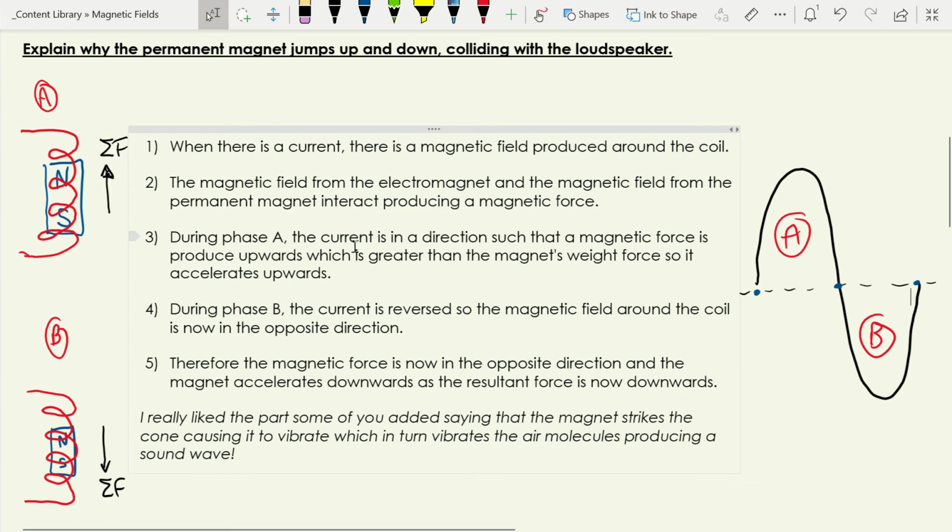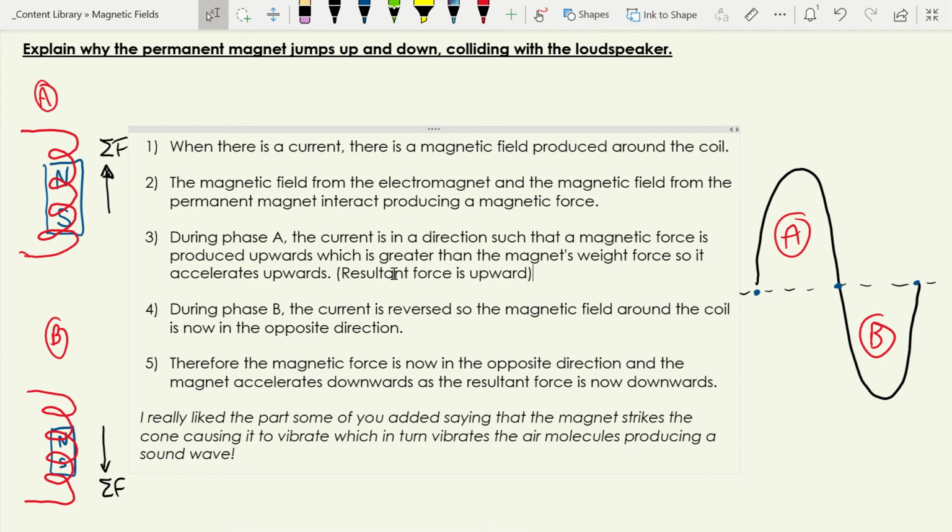During phase A, the current is in a direction such that the magnetic force is produced upwards, which is greater than the magnet's weight force, so it accelerates upwards. And the detail I should add in there, so the resultant force is upwards. And that's why it accelerates upwards, because the resultant force is upwards.